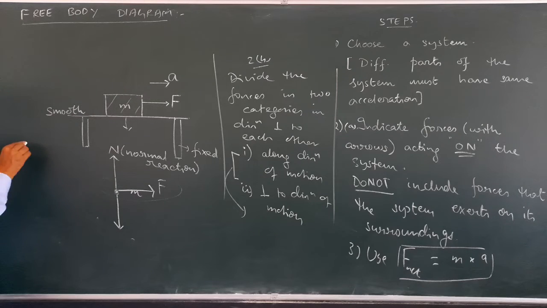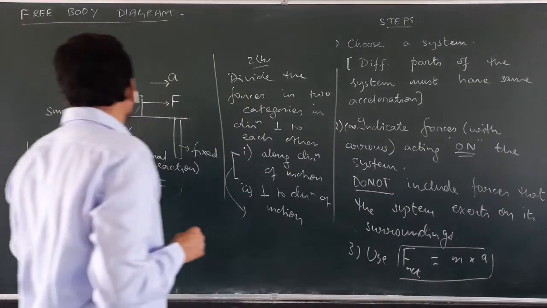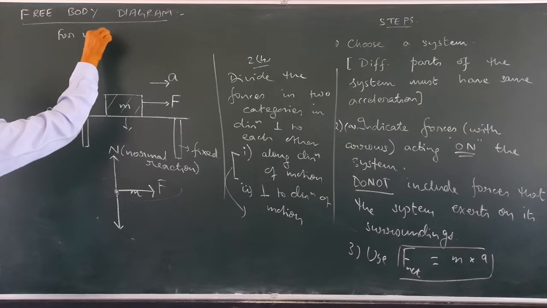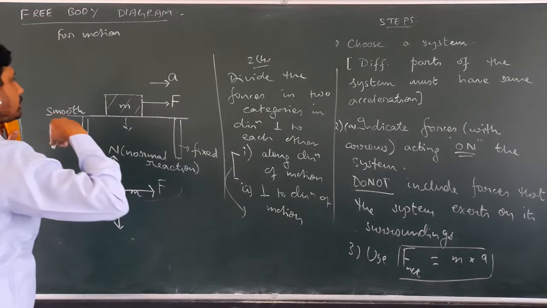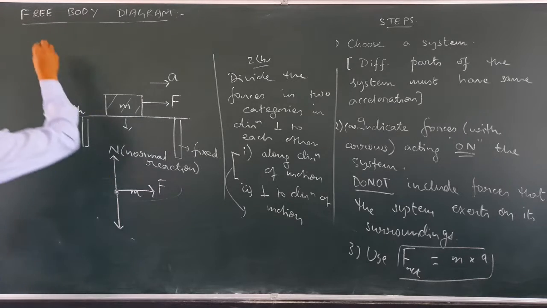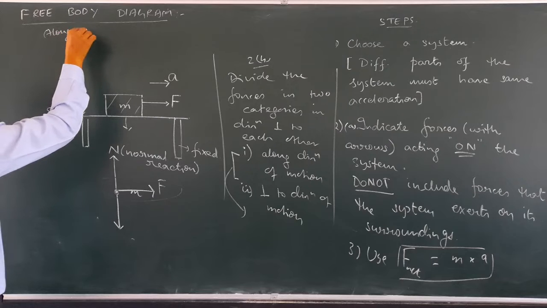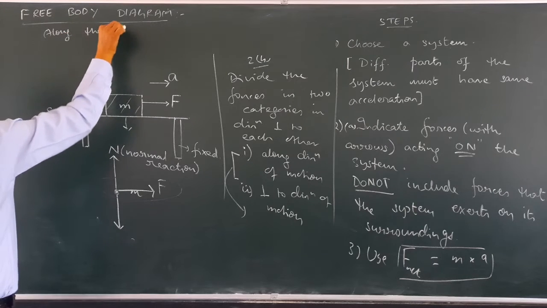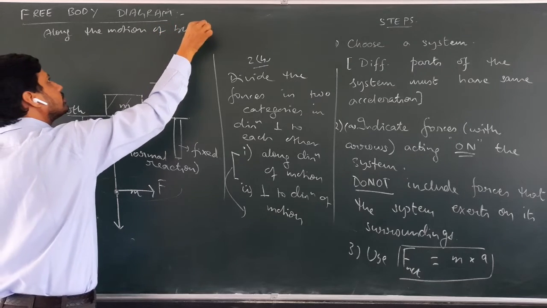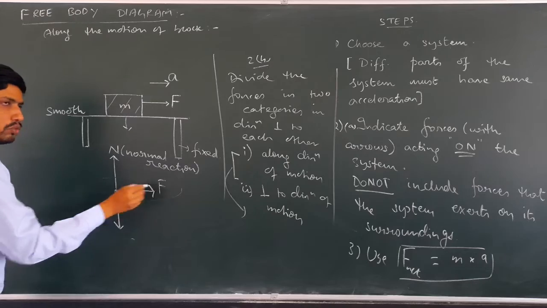Two categories you write for. Let me write here, first for motion, along the direction of motion of the block. Along the direction of motion of the block, there is only one force.